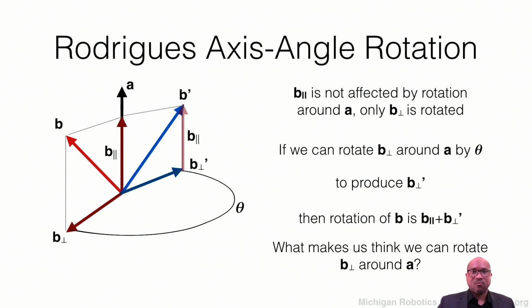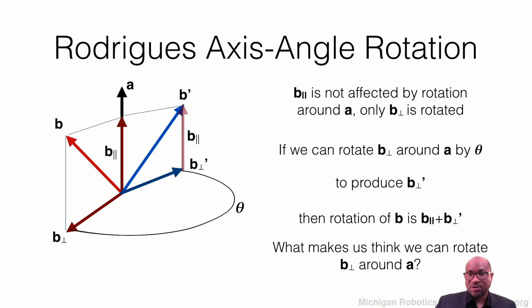And so if we can rotate B perpendicular around A by our angle theta, we get this B perpendicular prime, the rotated version. Then we come back and add our B parallel to it, and we've got our B prime, which is our rotated axis, and that would be great if we can do that.